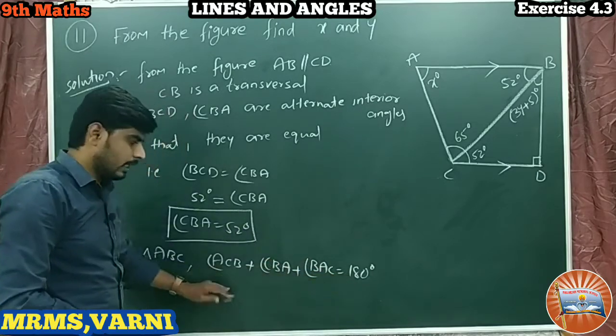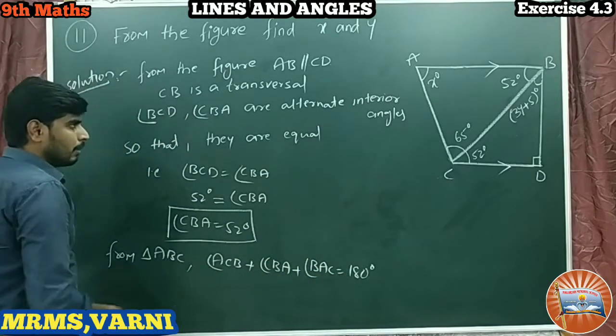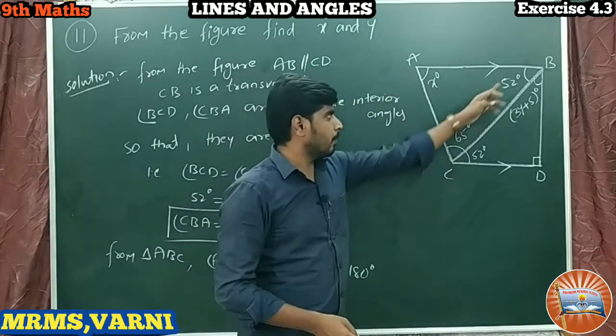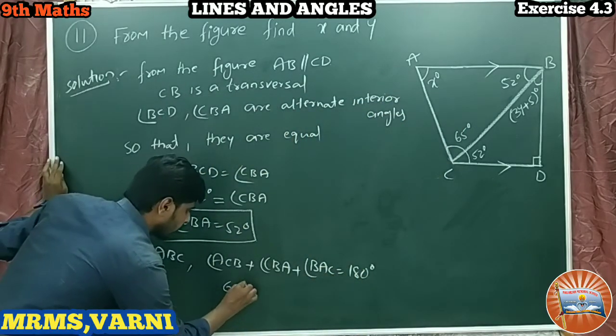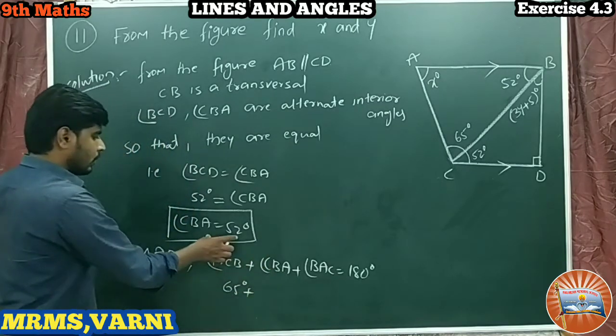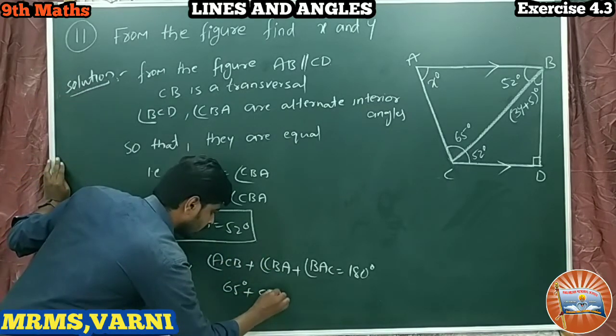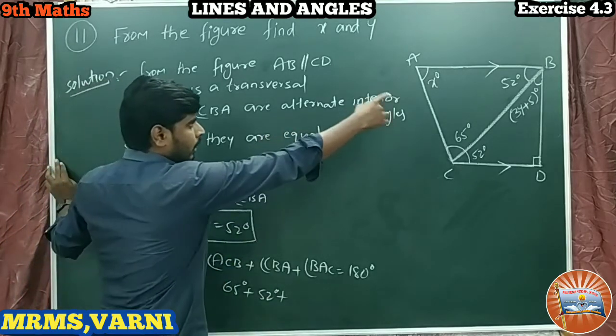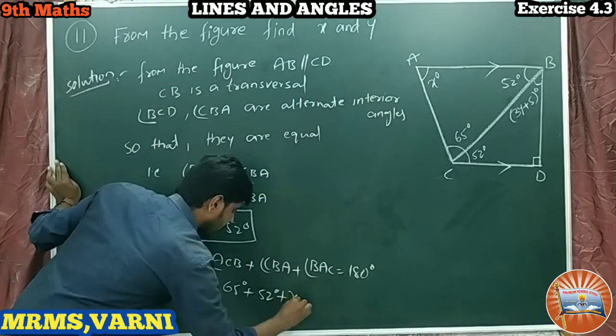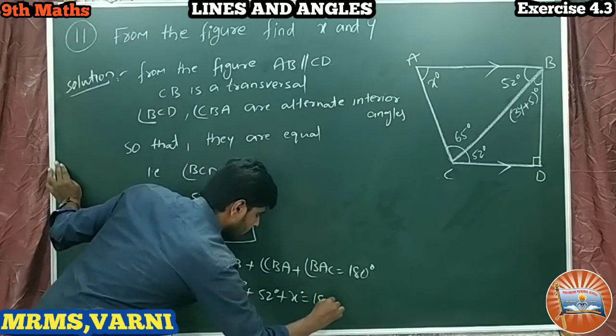These are the three angles. Okay, right. Angle ACB 65 degrees plus CBA, just now we got it is 52 degrees, plus BAC that is x given equals to 180 degrees.